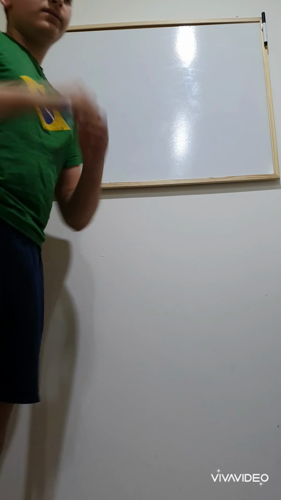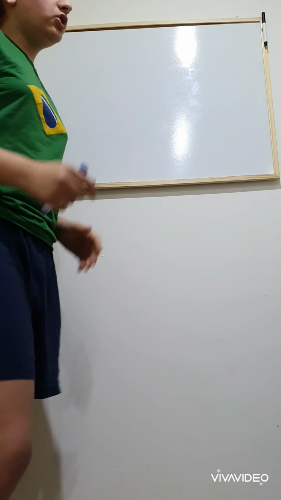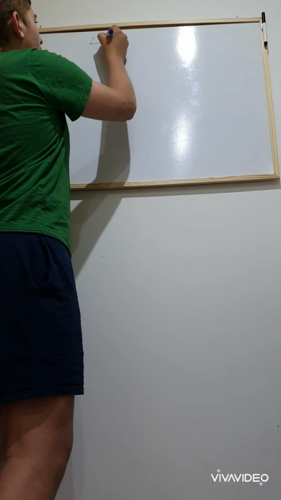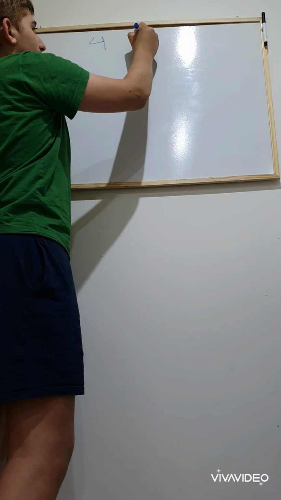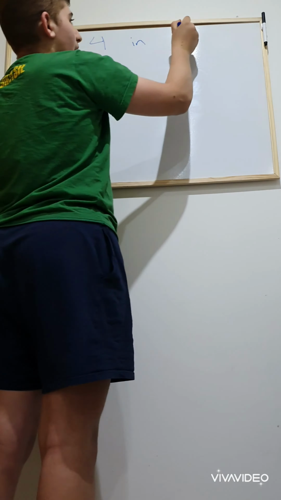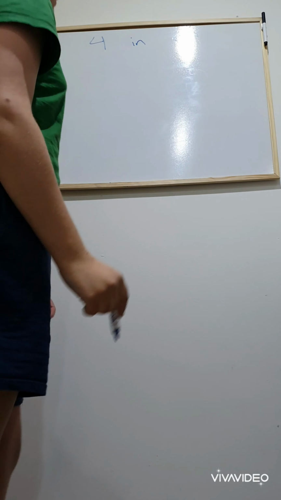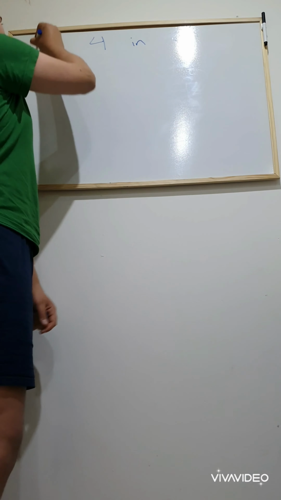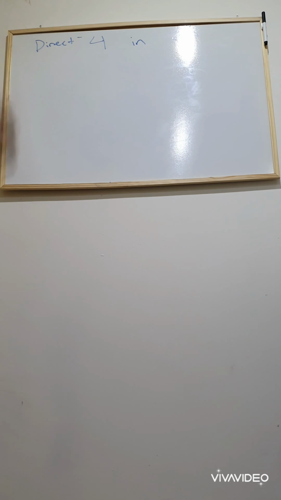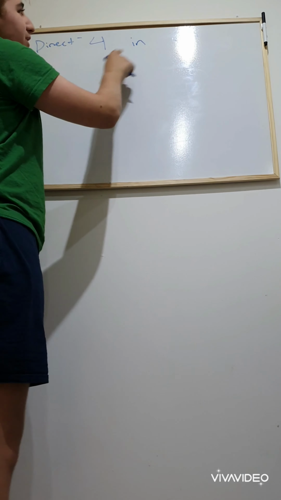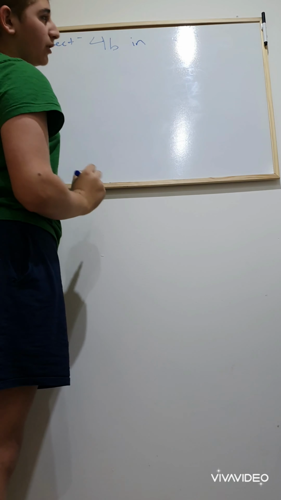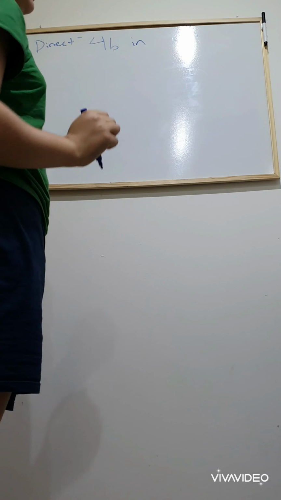Okay, so direct proportion is when you have 2 values. For example, 4 bottles in, let's say, 8 hours. This is a direct question, so let's put direct next to this question. So, 4 bottles in 8 hours, okay guys?